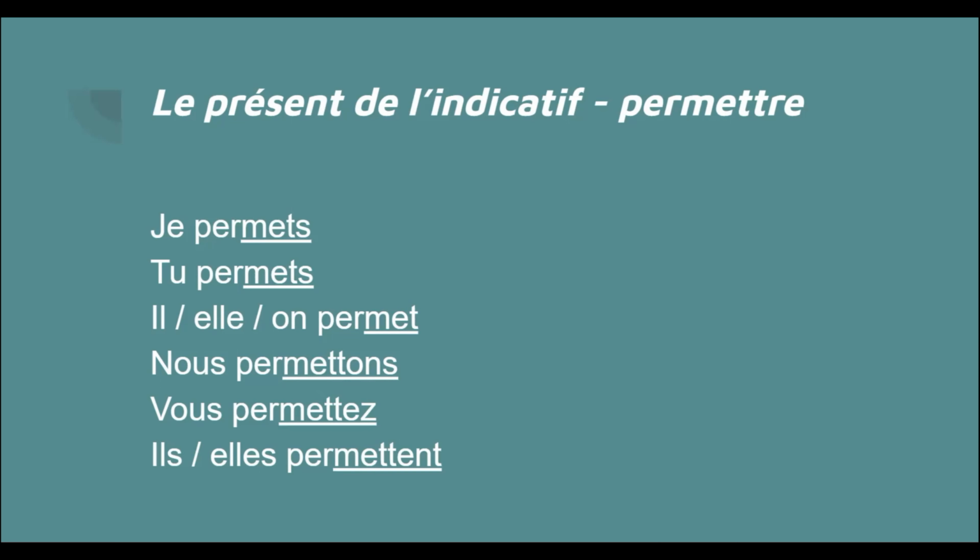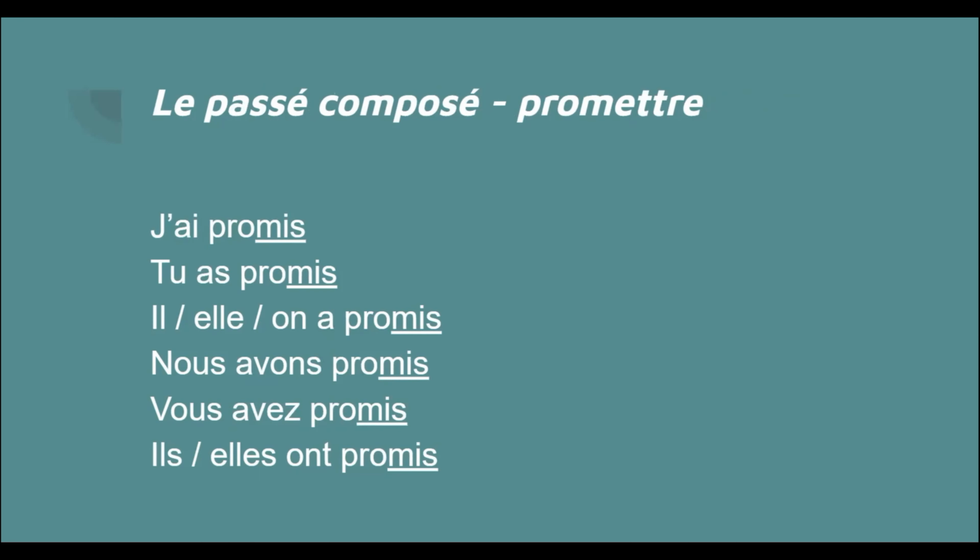Let's look at a different example using le passé composé. This time we use the verb promettre, to promise, and it's j'ai promis, tu as promis, il, elle, on a promis, nous avons promis, vous avez promis, ils, elles ont promis. So again, we have l'auxiliaire avoir, j'ai, tu as, il, elle, on a, nous avons, vous avez, ils, elles ont.